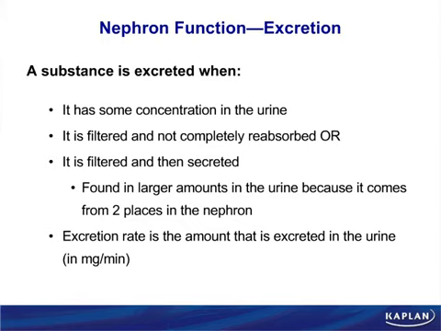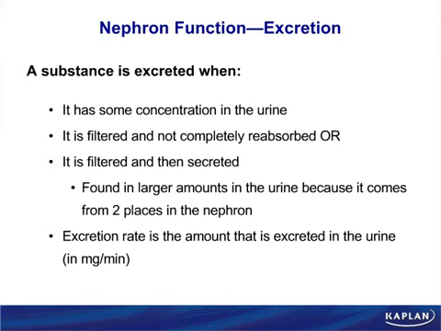How does a substance make it in the urine? Well, I want to take a minute here to make sure you understand the difference between excretion and secretion with an S. If a substance is excreted, that means it has some concentration in the urine. That means it makes it in the urine.